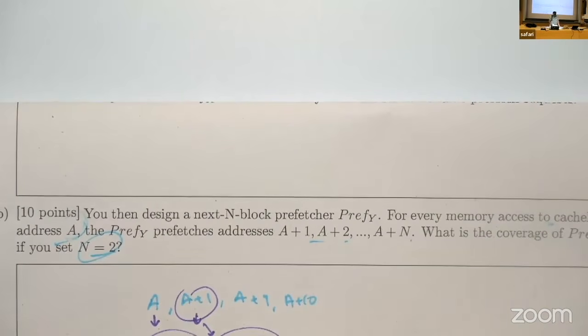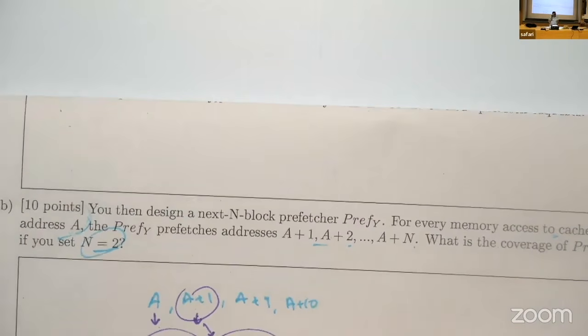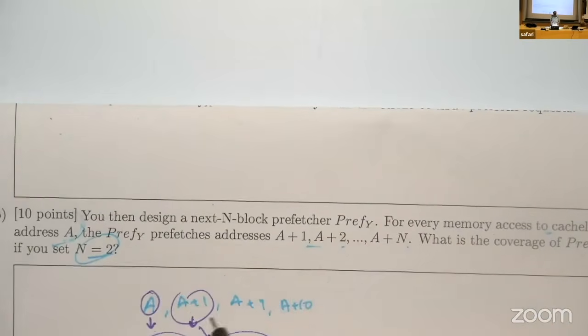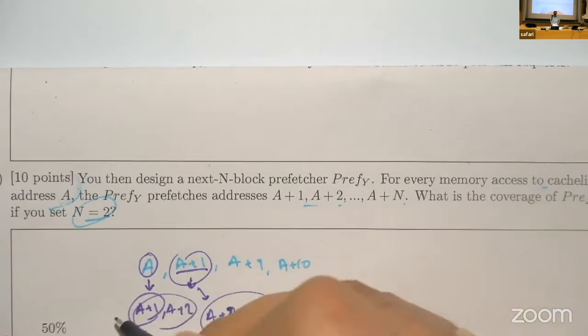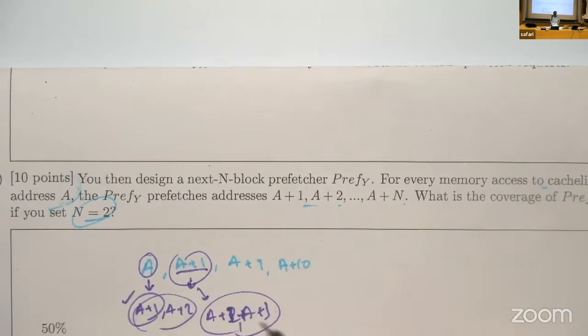So let's check the percentage of how many of these prefetch requests are actually useful. Once you access A, you already access A plus 1 in the future, right? And prefetching A plus 1 is something useful, basically. So this is a successful prefetch, right?